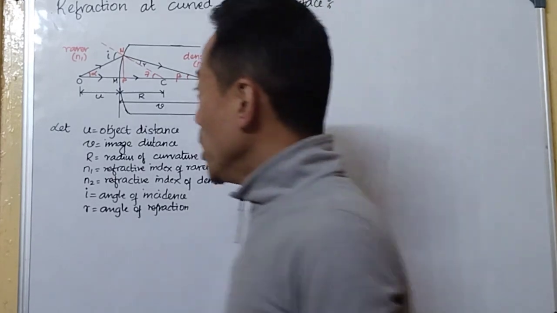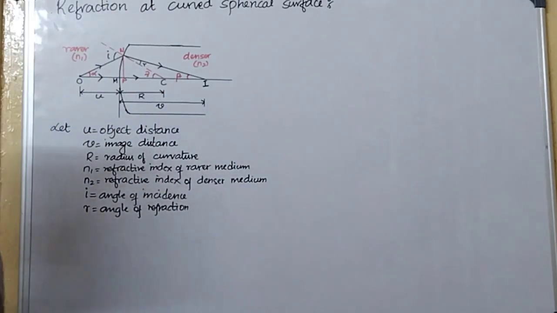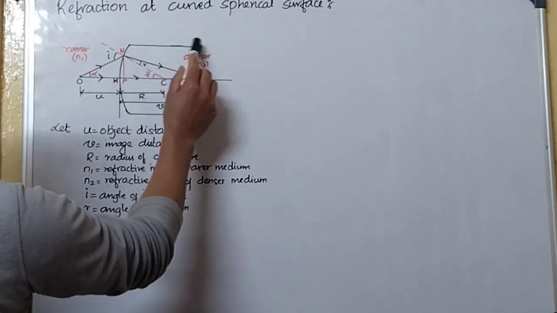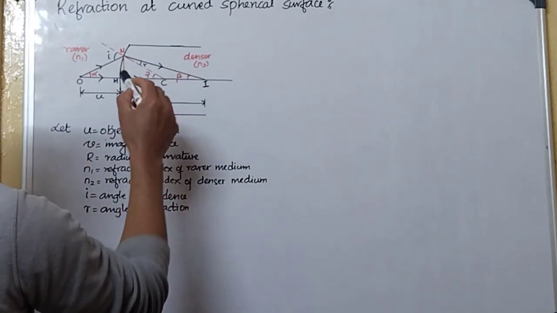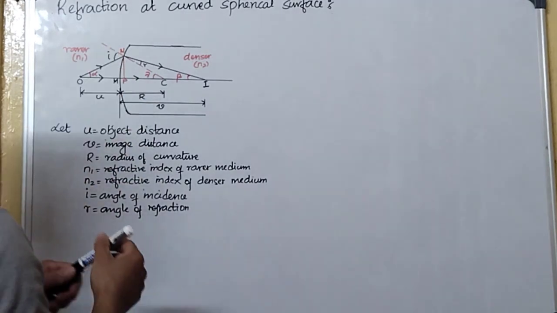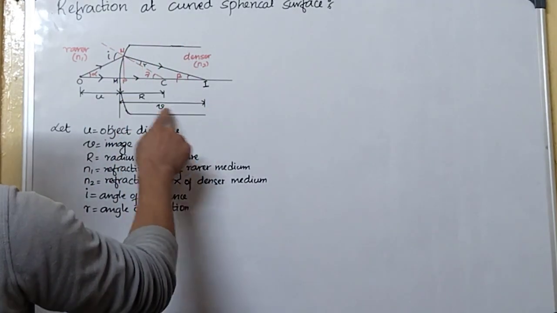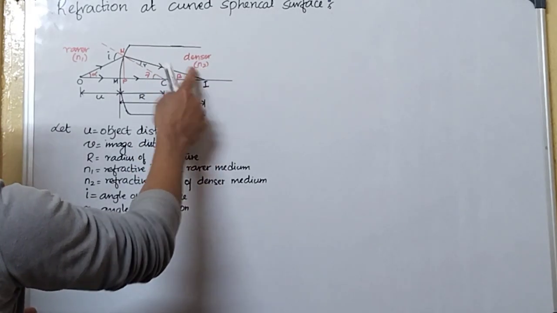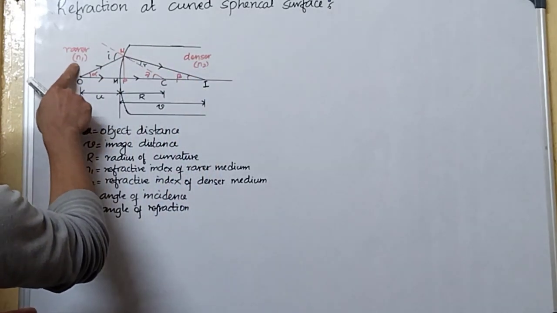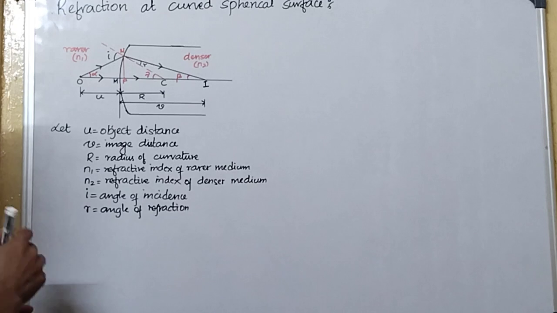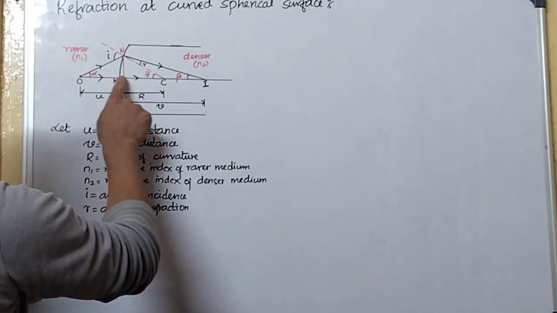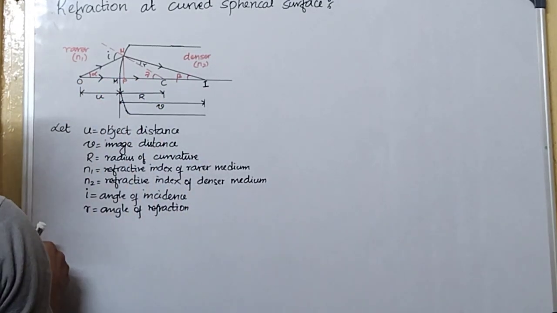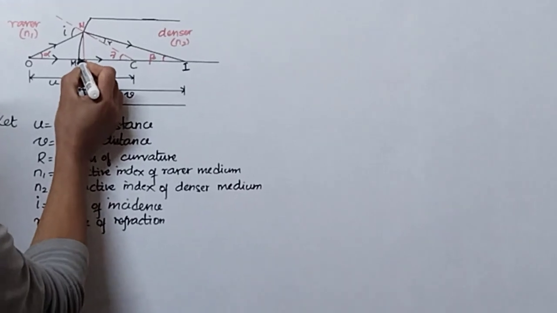Okay. So here in this diagram you can see we have a curved spherical surface, and the surface here is a convex surface. This is a denser medium which has refractive index N2, and outside we have rarer medium whose refractive index is N1. So this is the line passing through the center, which we have written as the point M here.